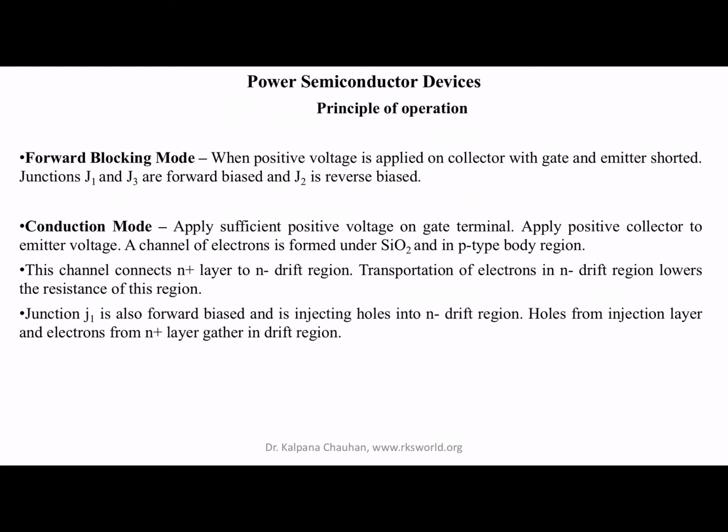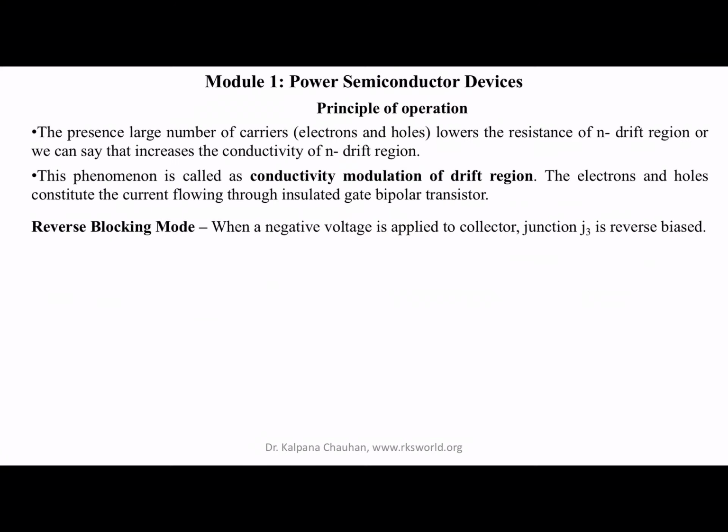Transportation of electrons in the N minus drift region lowers the resistance of this region. Junction J1 is also forward biased in this case and injects holes into the N minus drift region. Holes from the injection layer and electrons from the N plus layer gather in the drift region.